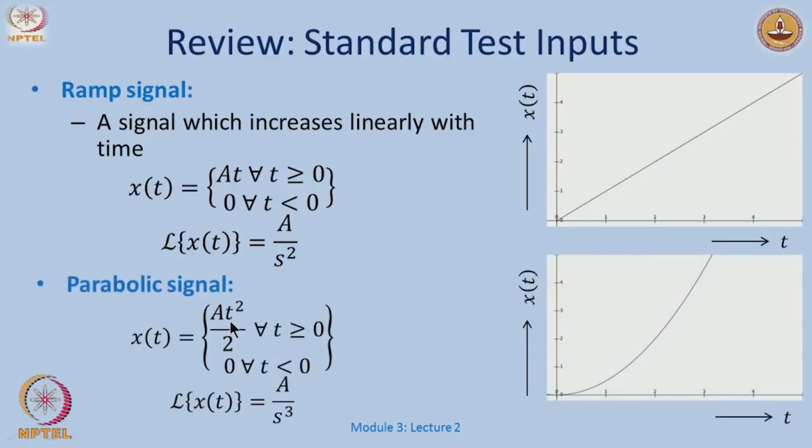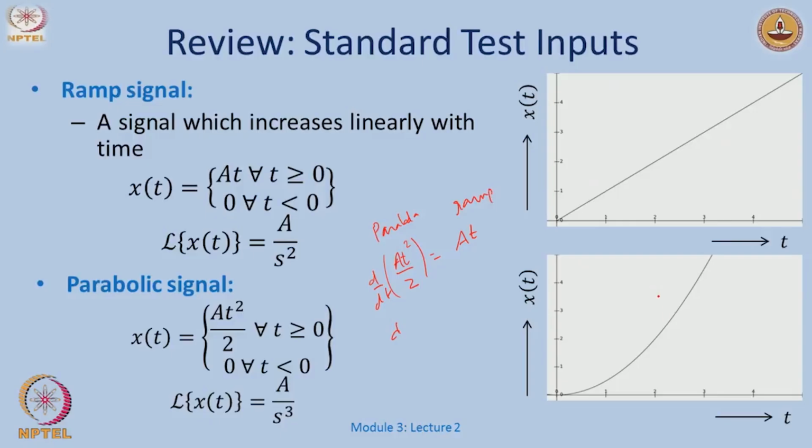Similarly with the parabola, you have a t square by 2, and the response increases actually faster than it did here. One thing you could notice is that if I take this parabola a t square by 2 and differentiate it, what I get is a t. Differentiating the parabola gives a ramp.